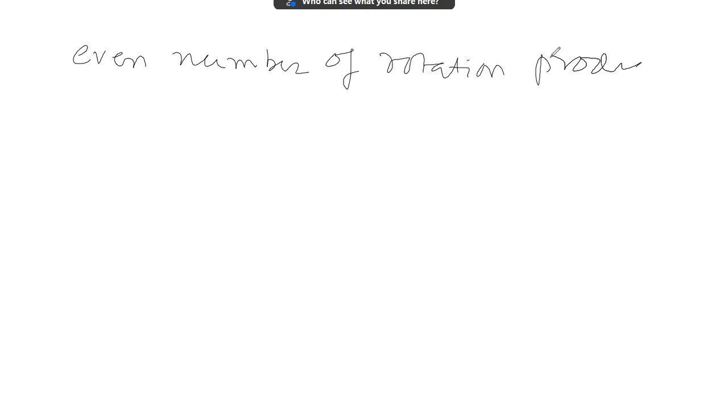Even number of rotation produce same optical isomer.